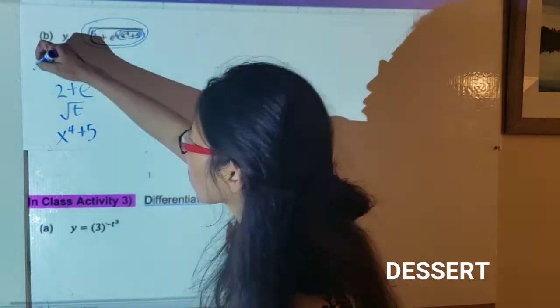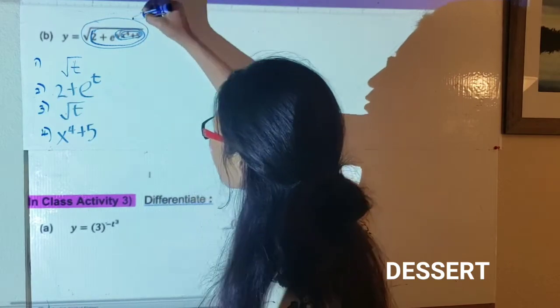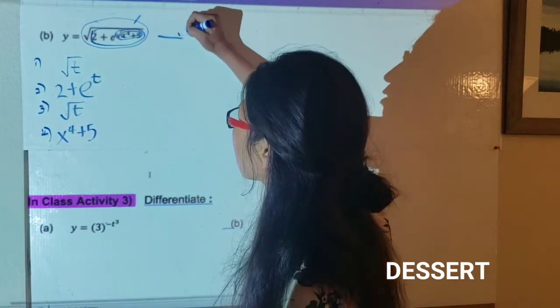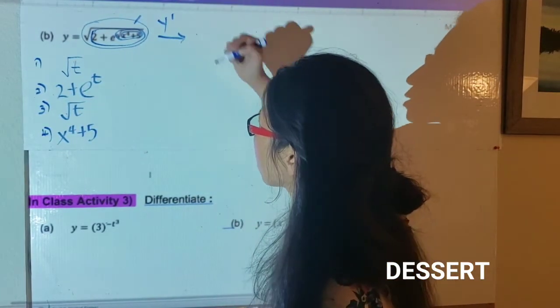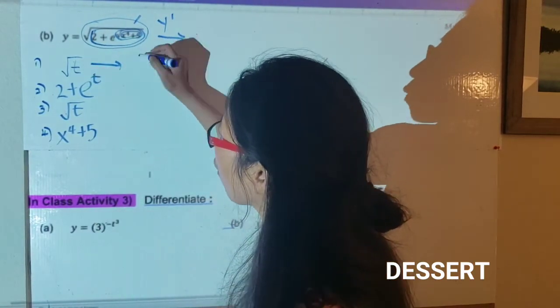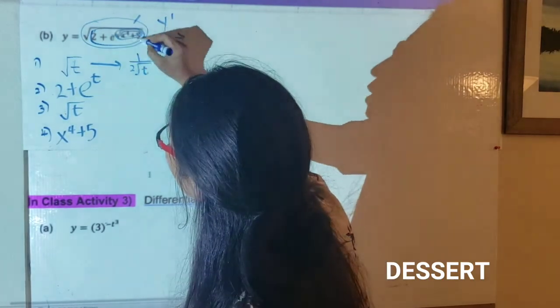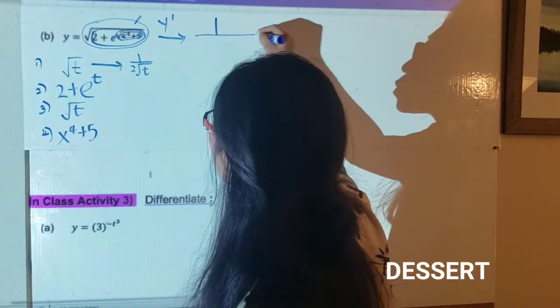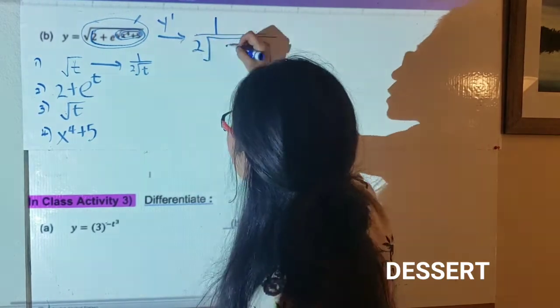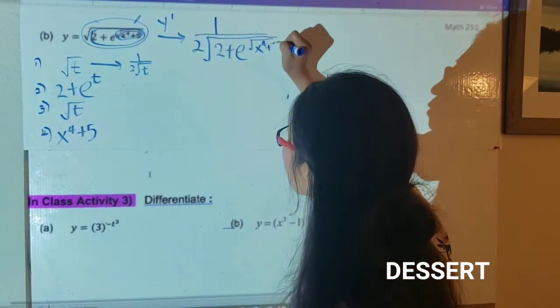Okay, so let's try to find the derivative one by one. So let's just focus on the very last outer circle. If I want to take a derivative, we have already seen this one many times. That means 1 over 2 square root of t, just copy whatever is inside the circle, everything. So 1 over 2 square root of 2 plus e to the square root of x to the 4th plus 5.